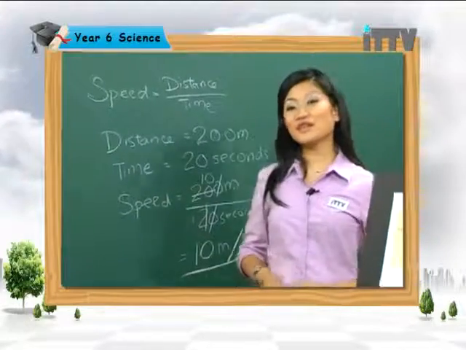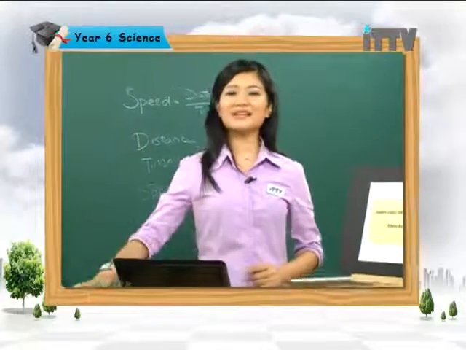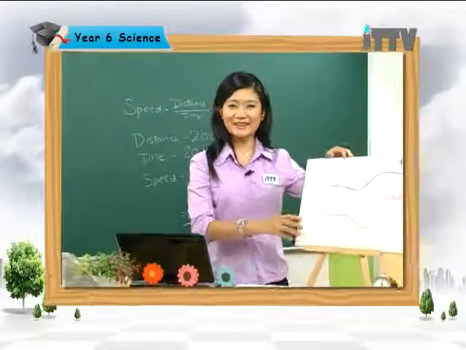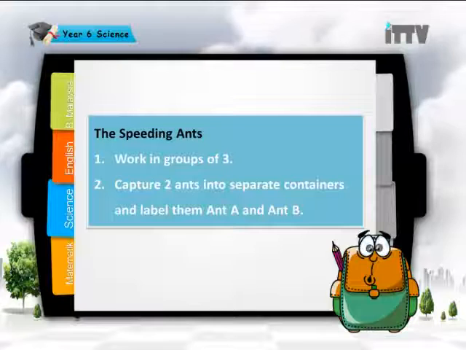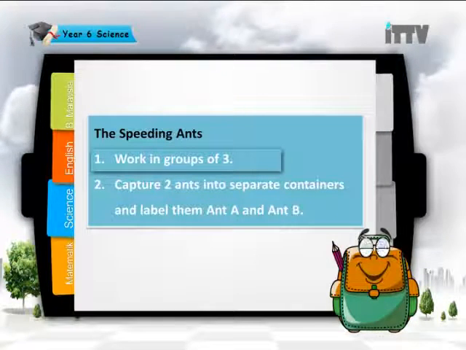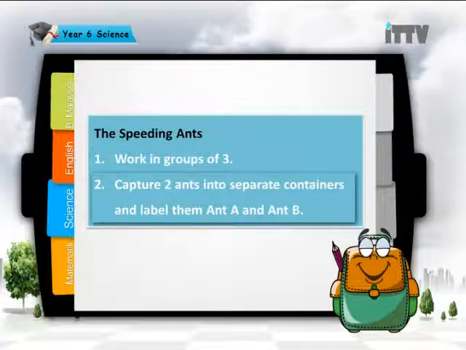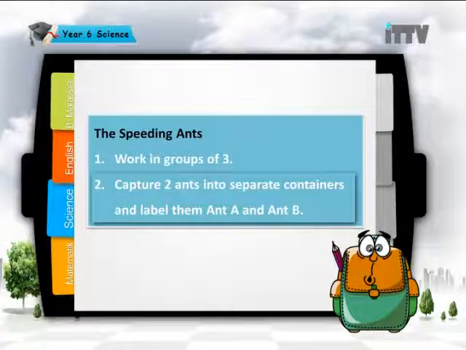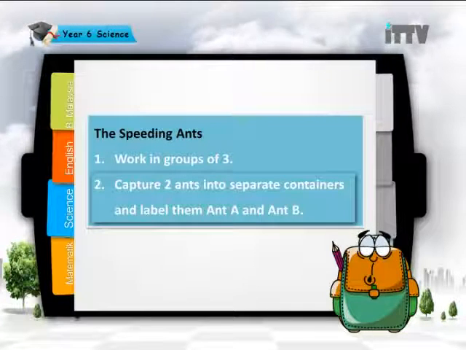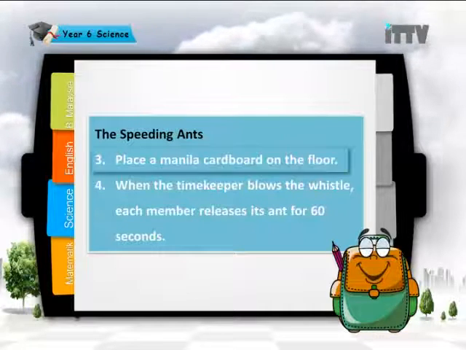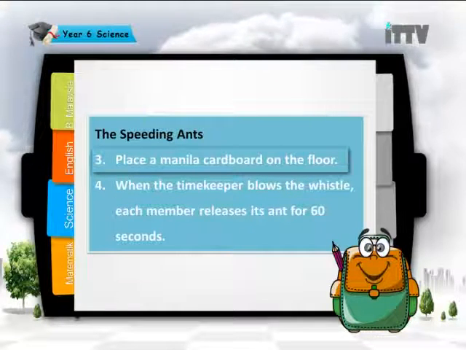Now, let's do a really simple experiment. Take out your science journal and we are going to do the experiment on the speeding ants. The speeding ants. Now, you have to work in groups of 3. Capture 2 ants from anywhere into separate containers and label them ant A and ant B. Next, place a manila cardboard on the floor.